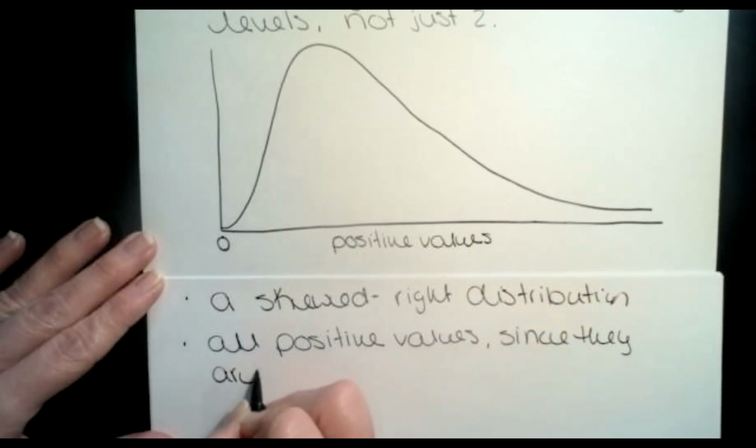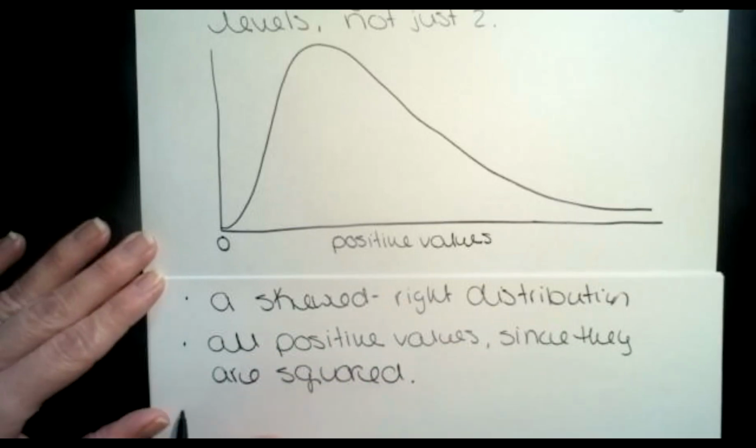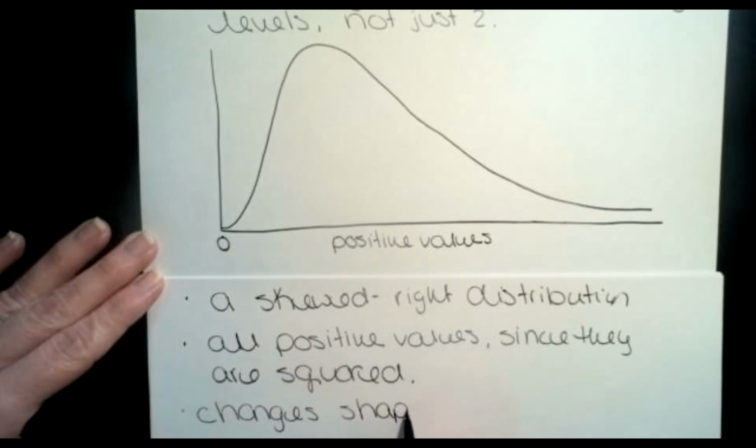So hopefully that makes sense. And this shape actually changes. So this distribution changes shape as degrees of freedom increase. And as it increases, it will become more symmetric.